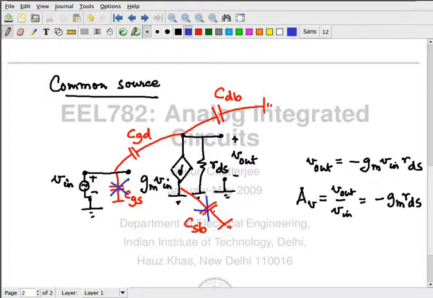We are missing one, gate to body. Does it matter? First of all, that's only in very weak inversion, and secondly, even had it been there, will it matter? The body is at signal ground, so it's exactly like Cgs.